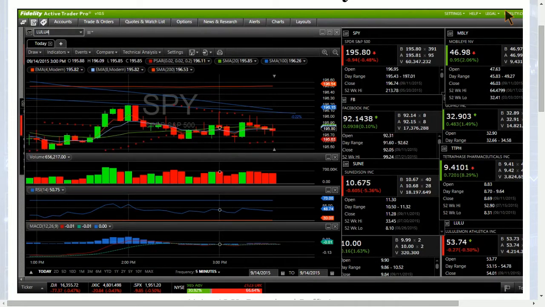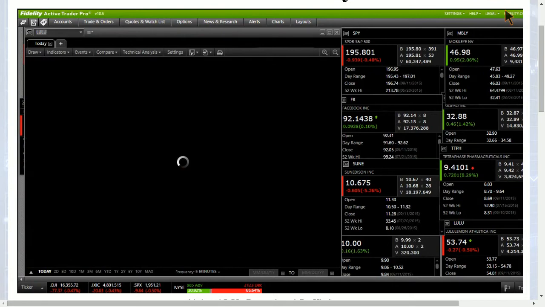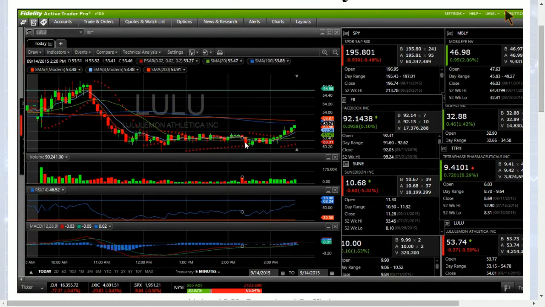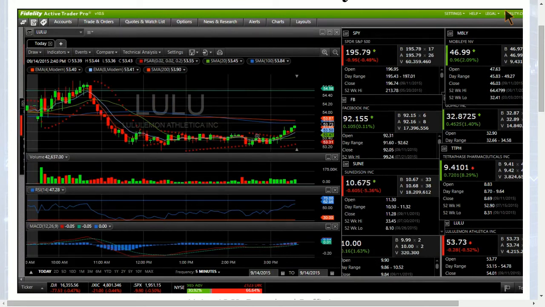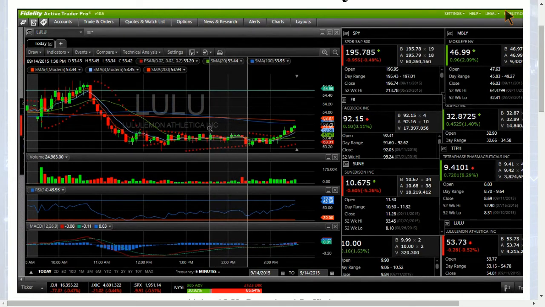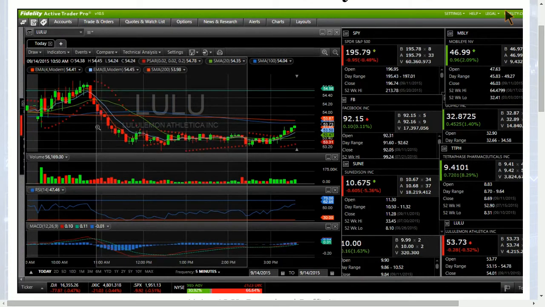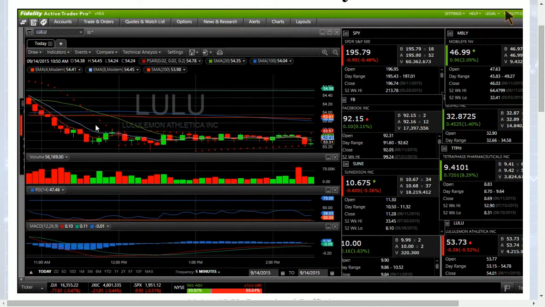Let's look at that chart and see what it looked like when you did get stopped out. This is what the chart looked like when Willie was stopped out of Lulu.